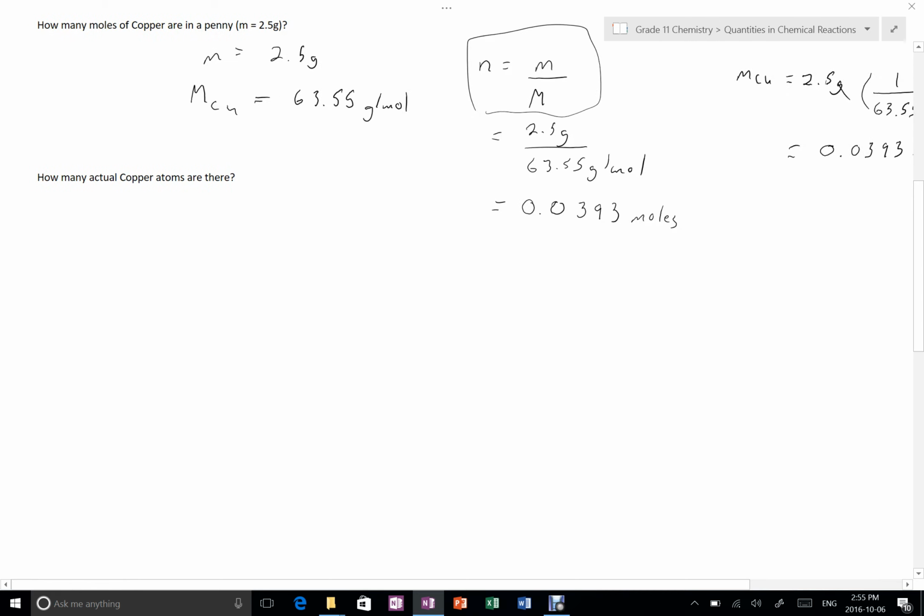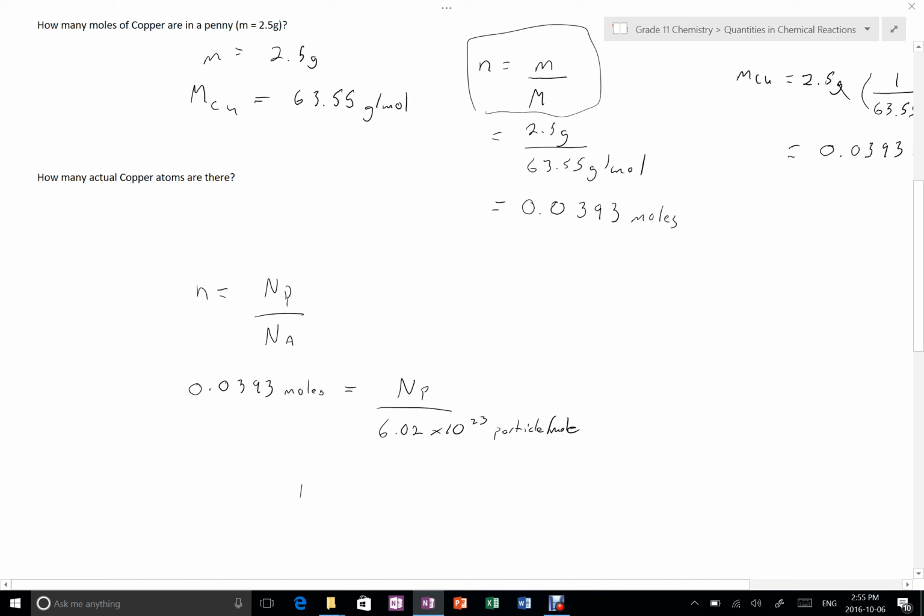How many actual copper atoms are there? Well, we'll remember that our moles was equal to our number of particles divided by Avogadro's number, the number of particles in a mole. So here, 0.0393 moles is equal to the number of particles divided by 6.02 times 10 to the 23 particles per mole.